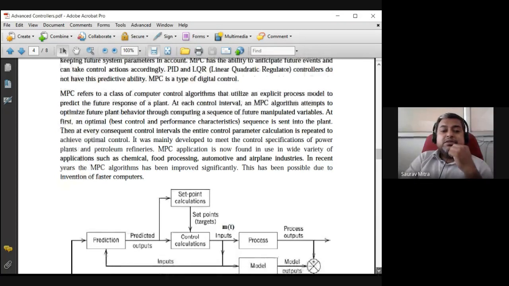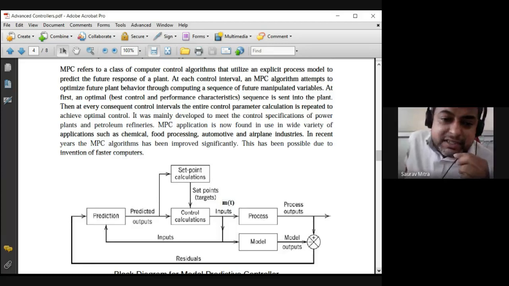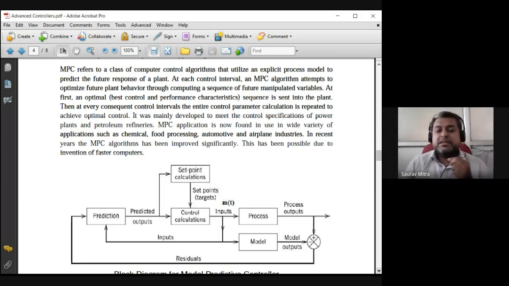So MPC refers to a class of computer control algorithms that utilizes an explicit process model to predict the future response of the plant. So in this case, a process model is required. In the previous case, model reference adaptive control, we had an ideal model of the system. That was one thing.